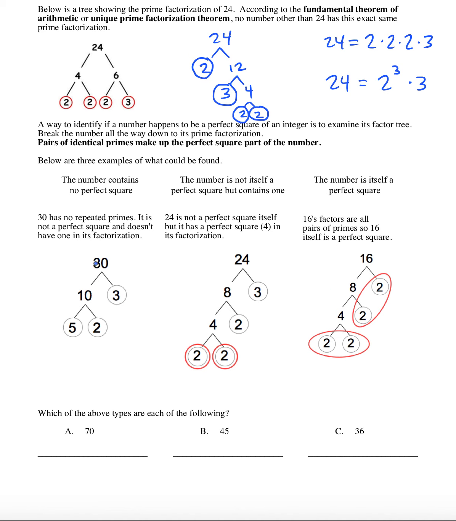Well, here, the number 30 breaks down into 5 times 2 times 3. Notice that there are no repeated primes. What that means is the number contains no perfect square.